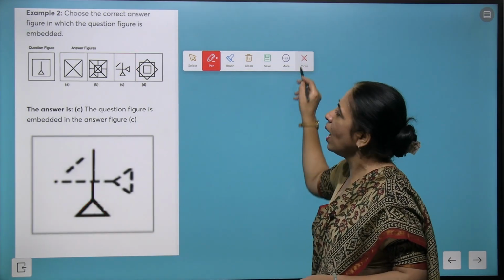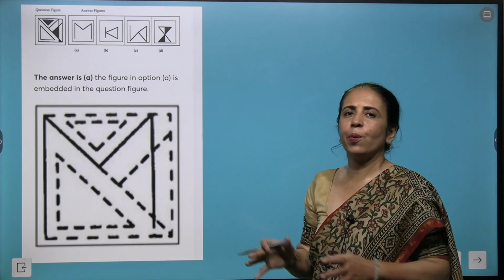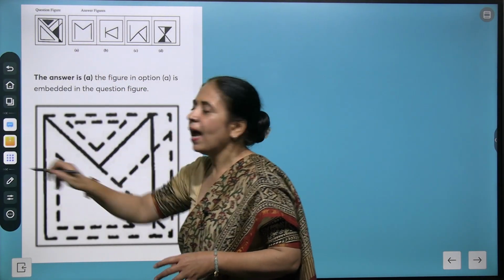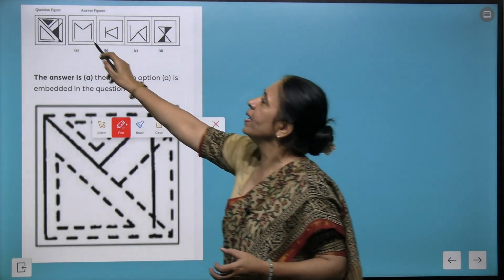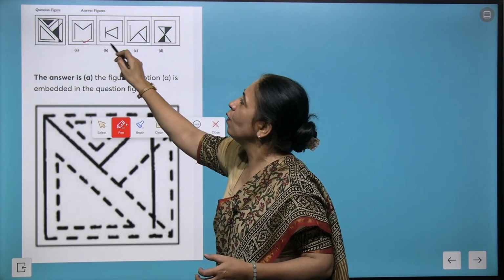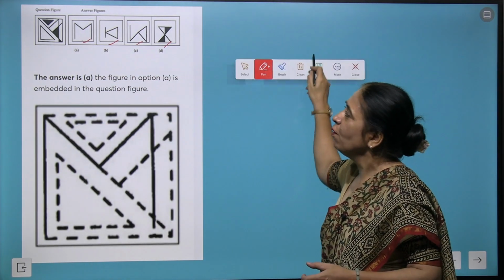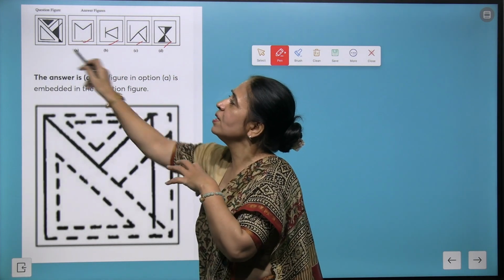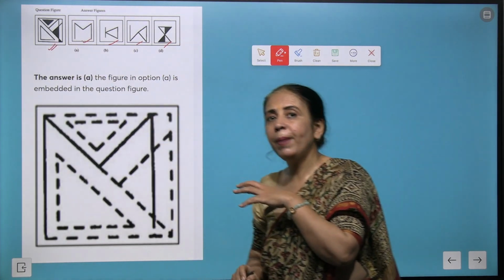Yes. So now another category of question is that the main figure is given and some partial images are given. So out of these partial images, we have to search which of these partial images is the part of the main image.